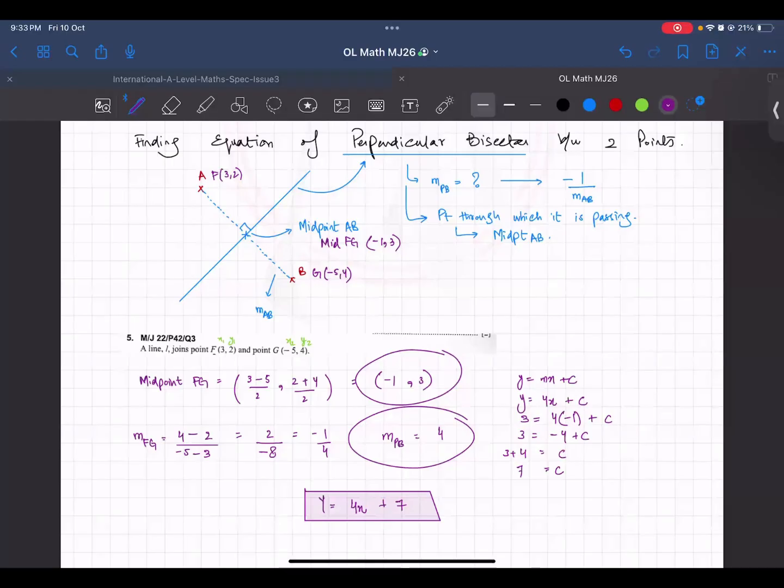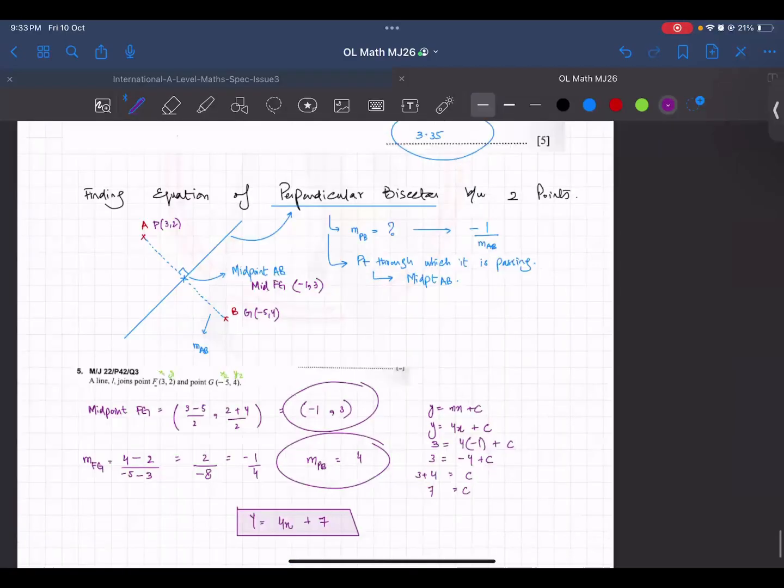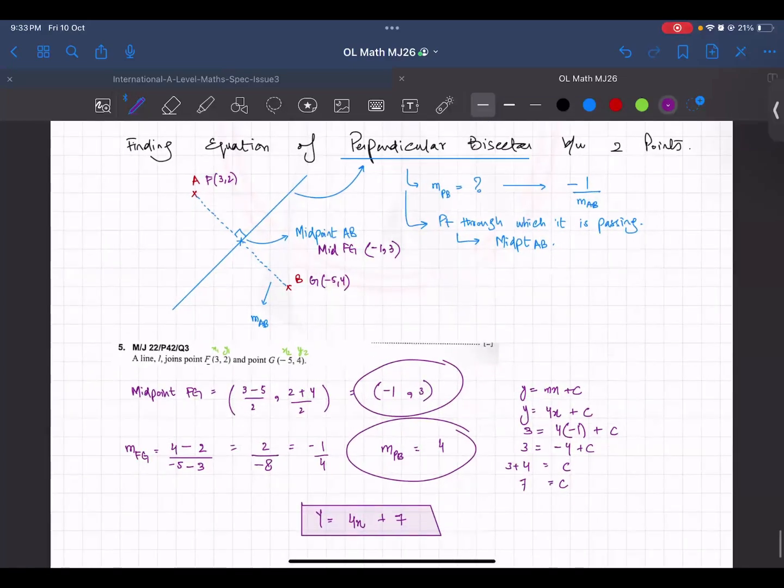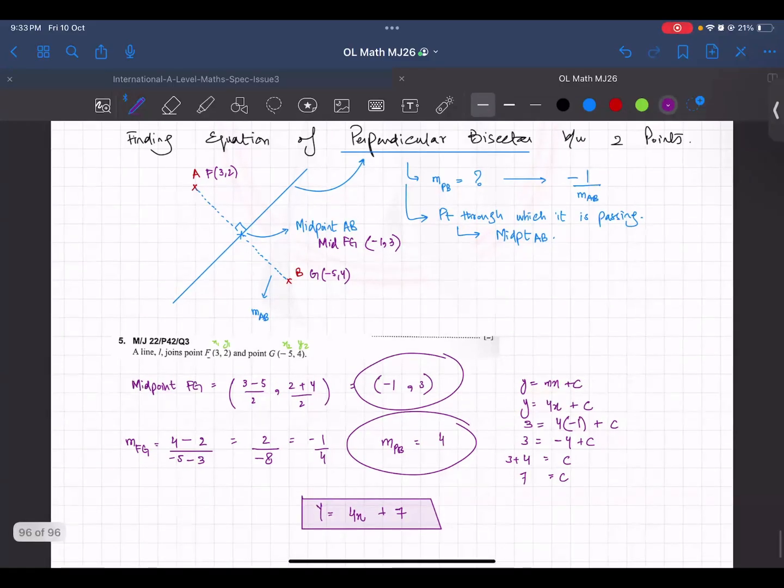This half page of working, of understanding, can get you 5 marks out of the total CIE exam. So work on this part very, very carefully, do the practice properly, and you will get 5 marks, easy 5 marks.